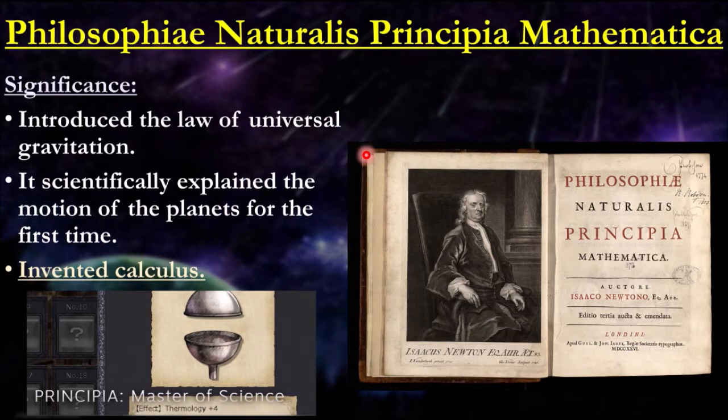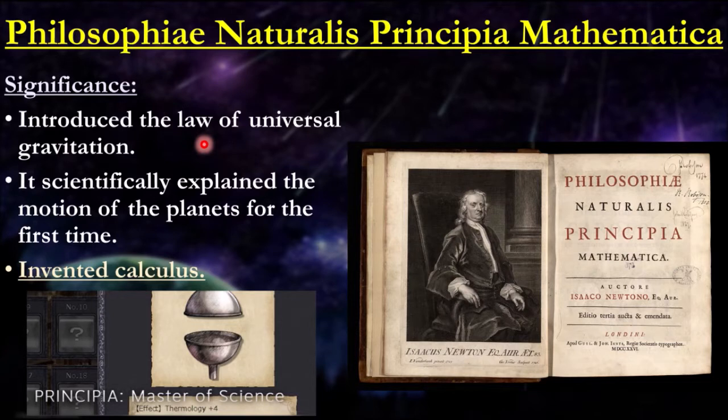Before we get into the whole concept of Newton's universal law of gravitation, we want to look at this book. It's called Philosophiae Naturalis Principia Mathematica, or in short, the Principia. It's a very significant book that Isaac Newton wrote.